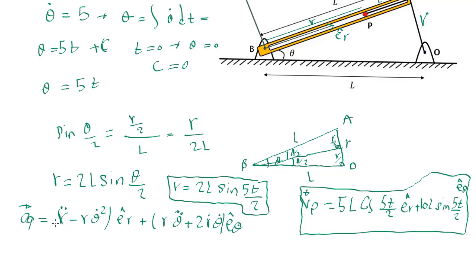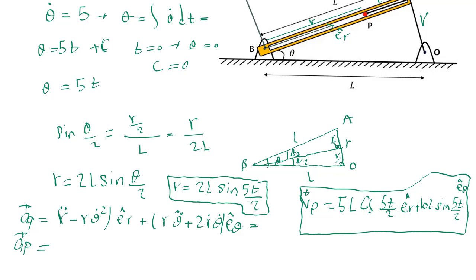So again, because we have R and also theta as a function of time, all we need to do here is just to calculate some derivatives. So AP is equal to R double dot. So we have R here. R dot was 5L cosine 5t over 2.